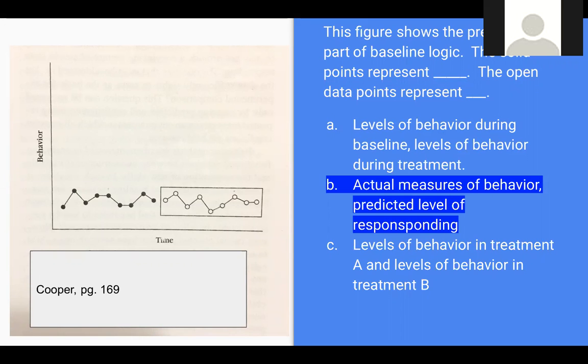How do you know it's not a treatment? Because it has the box around it and non-filled-in circles, there's no phase line, there's no label, and it doesn't say anything about treatment. And we know that open dots are predictions.